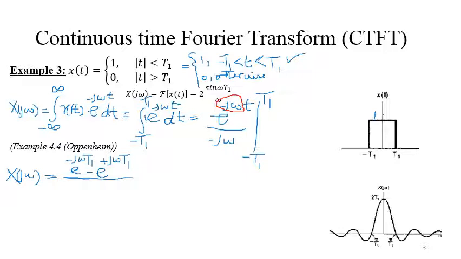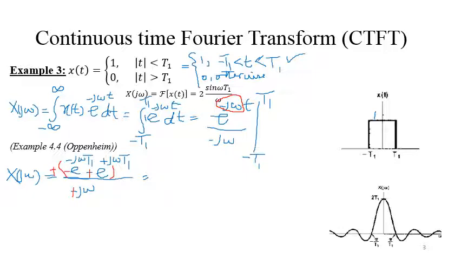We already have minus j omega here, so if I take minus common from this side, this will become plus and this will become minus, and I have a minus here, so minus and minus become plus.